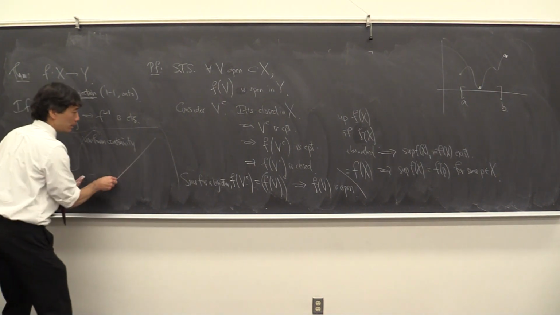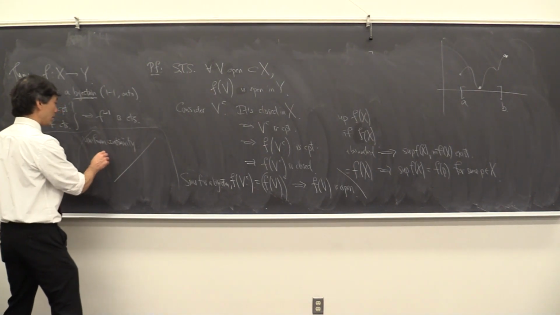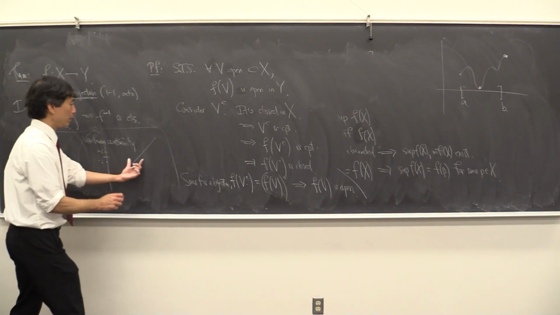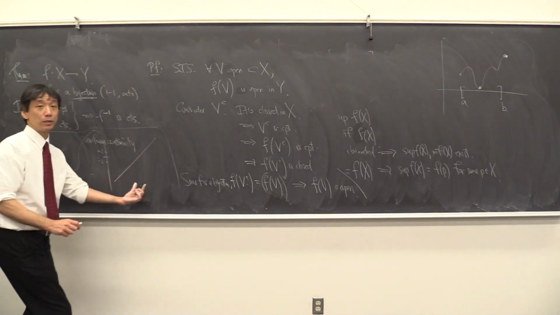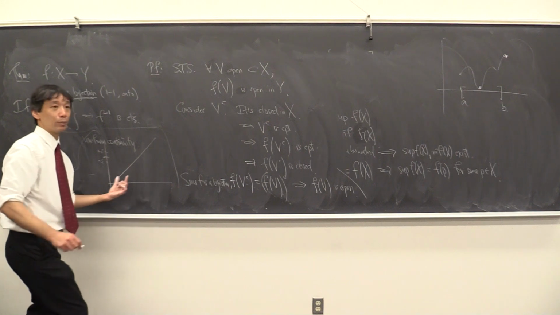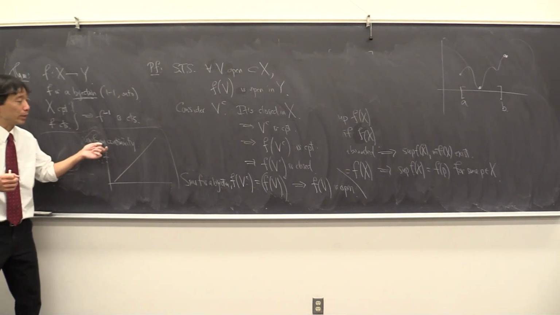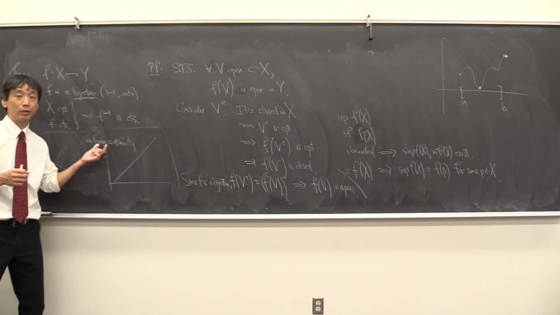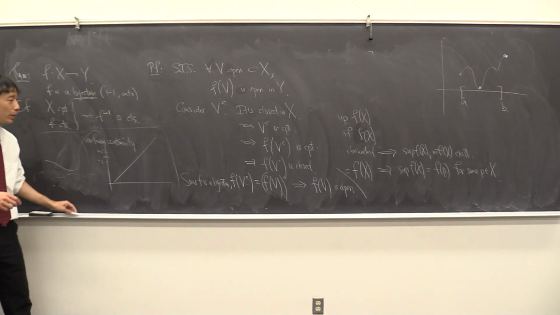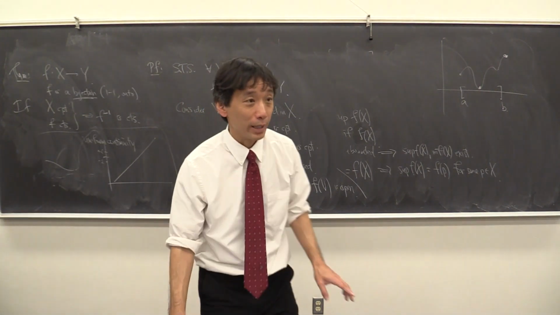But for some functions, the delta doesn't depend on the point. Like here, if I take an epsilon, I take some value, and then plus epsilon, minus epsilon, you can see that I can choose the delta uniformly throughout my space here. It doesn't depend on the point. That's called uniform continuity, and what we're going to see is that continuity on a compact set guarantees uniform continuity. Which is a cool and useful fact. Okay, that's it for today.